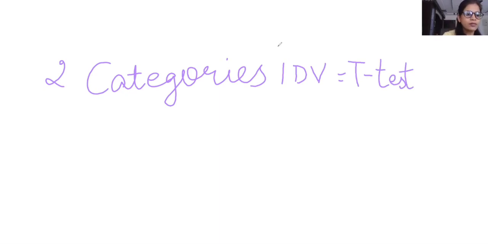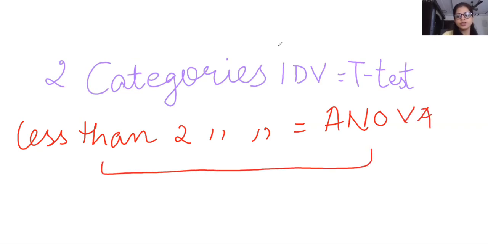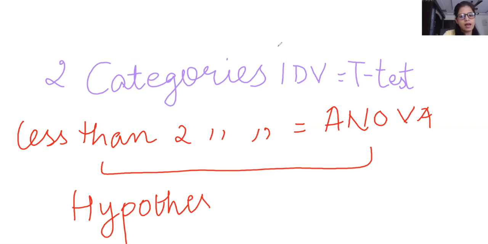When you have less than 2 categories of independent variable, then you will be using ANOVA. This is just for hypothesis testing.